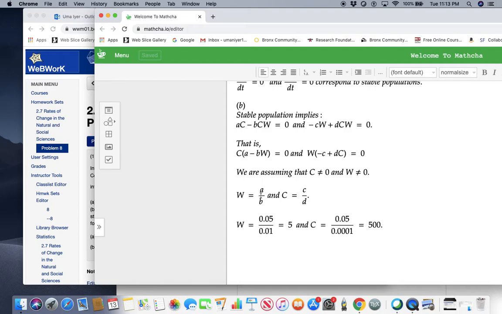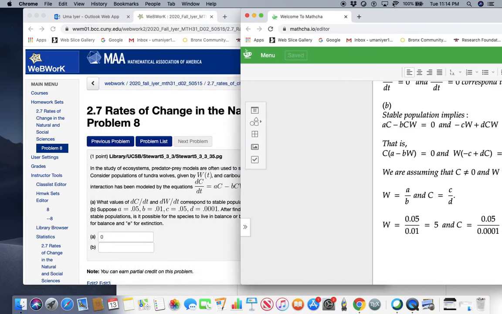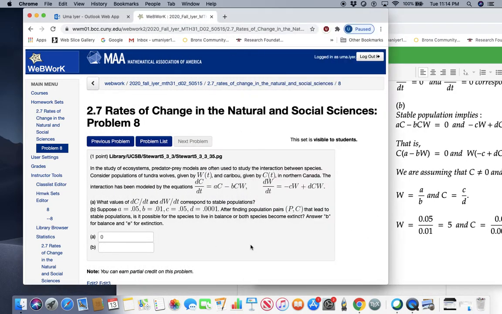A and B are positive numbers. And I can find C and D. Using C and D, I can find capital C. So these are positive numbers. They are not 0, right? In other words, neither one of them has gone into extinction. So there is a balance. So you would put balance.